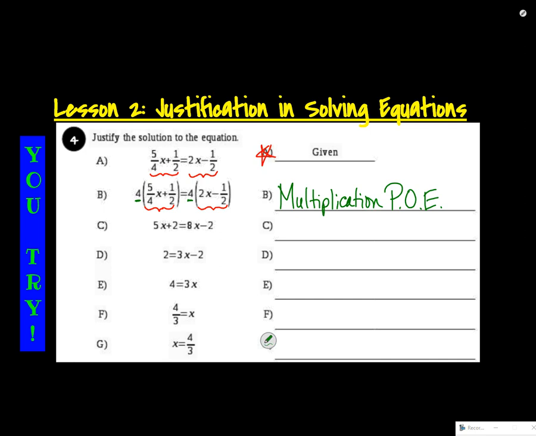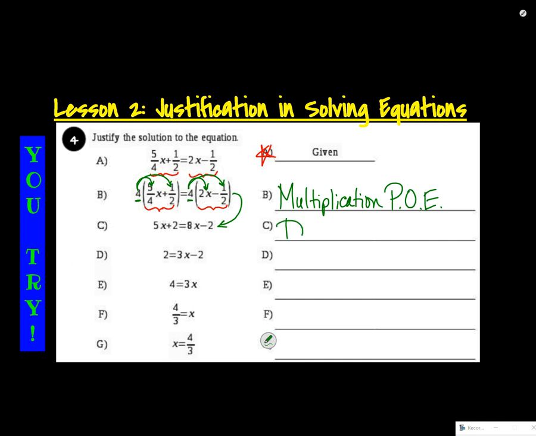All right, to go from B to C, what happened? Well, they had parentheses. There's 4's outside. Here and here, they did something. Here and here, they did something. Yes, it happened to be multiplied by the same number, but they're not the exact same set of parentheses, so it's not really a property of equality, but it is a property.